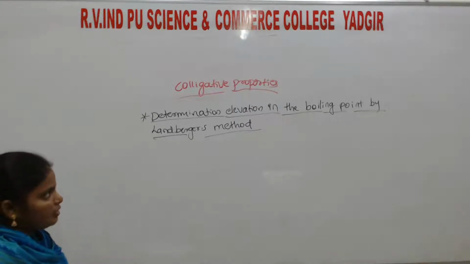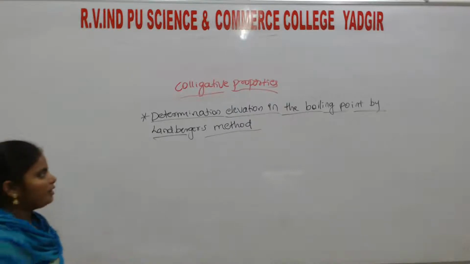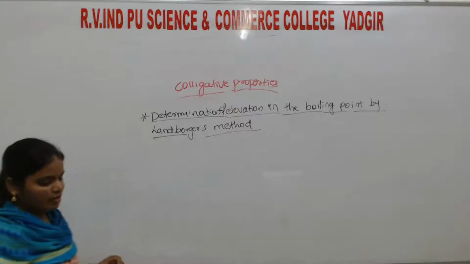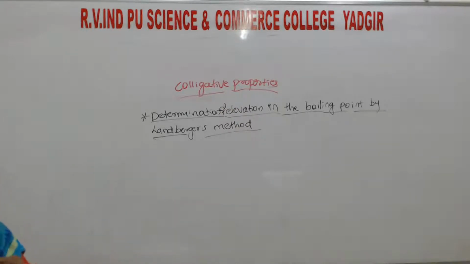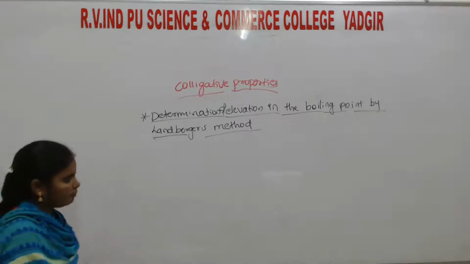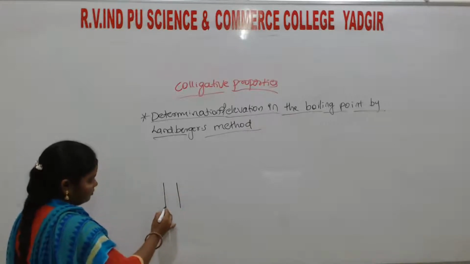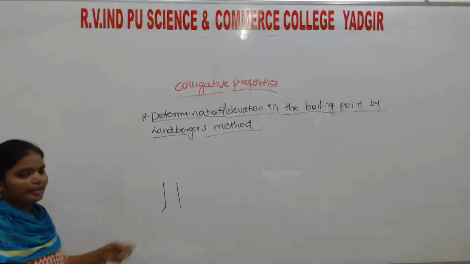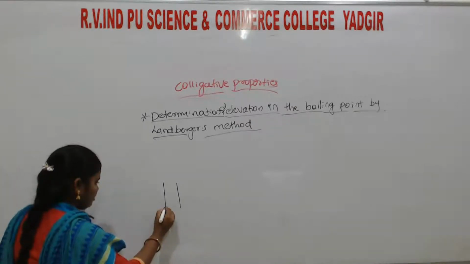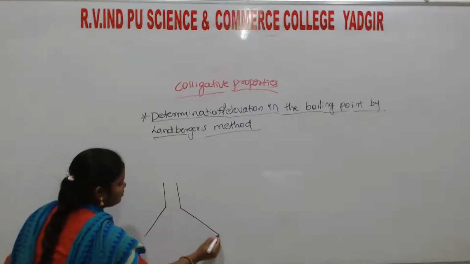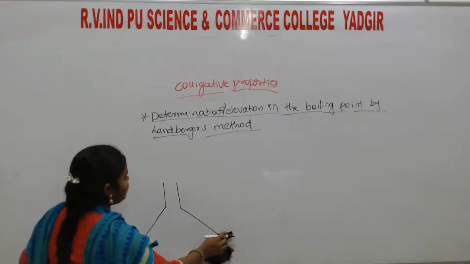Here, the determination of elevation in the boiling point by Landsberger's method. First of all, I draw the diagram for this method. Use a scale and pencil and draw a neat, labelled diagram. When you know the diagram, you can explain the method easily.